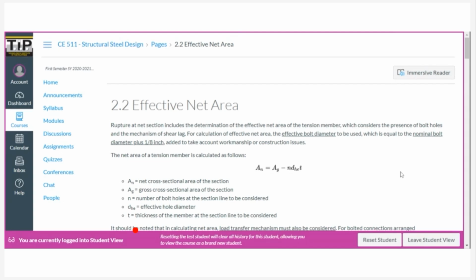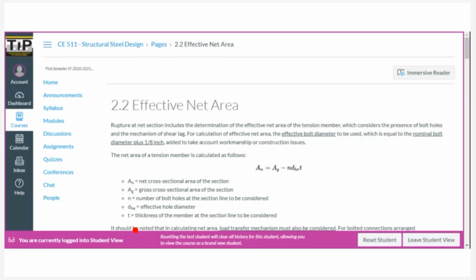When we are putting holes on steel members, we do not fit the hole such that it is the size of the bolt. Usually we put some allowance on it.